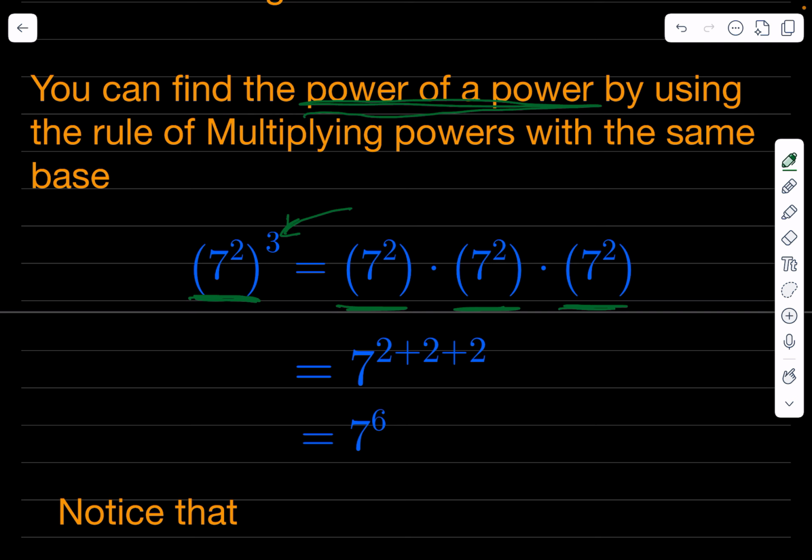So we can think of that as 7 to the 2 plus 2 plus 2, which is equal to 7 to the 6th. Now at this point we haven't used our property yet. All I've done is expand out the work and show every step, which gets us to our property or rule.